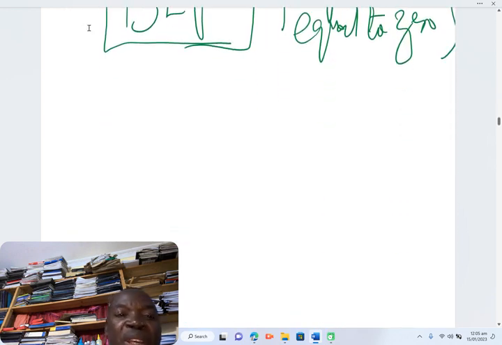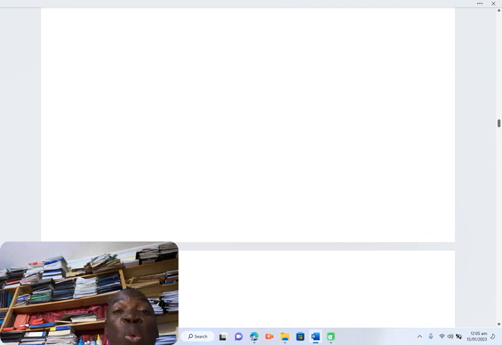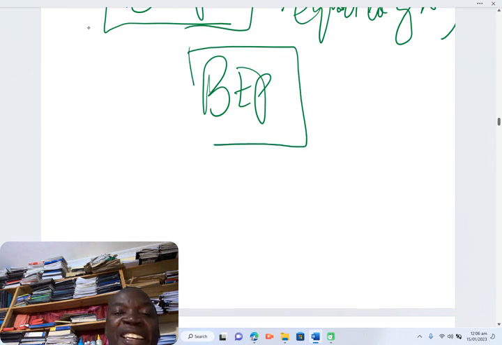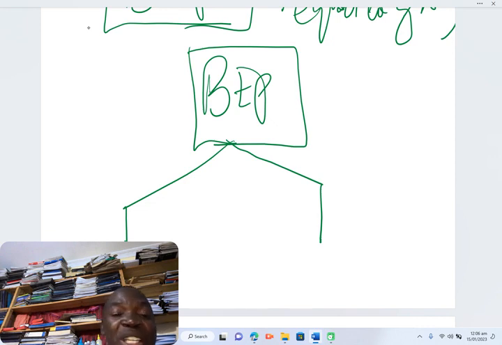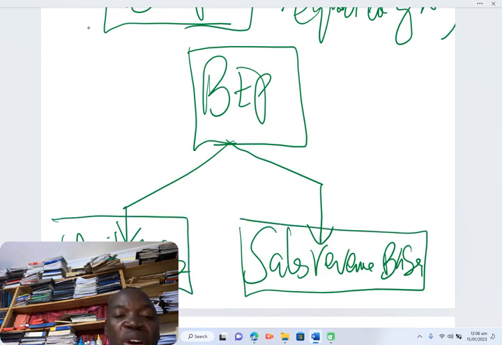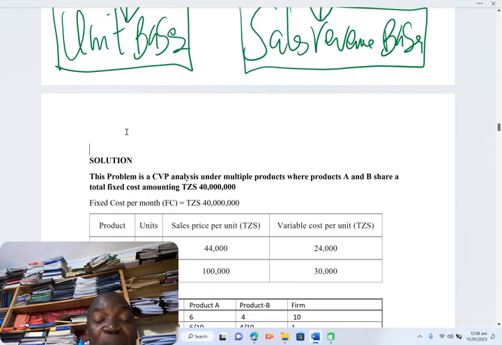That's why BEP is also defined into two: break-even point is analyzed on a unit basis, and also break-even point is analyzed on a sales revenue basis.